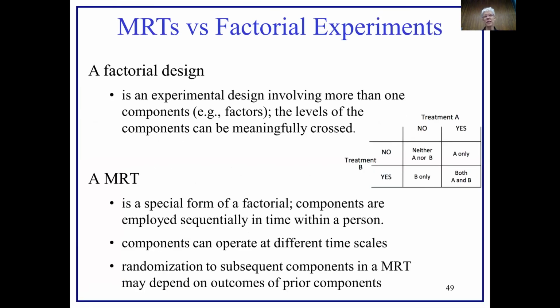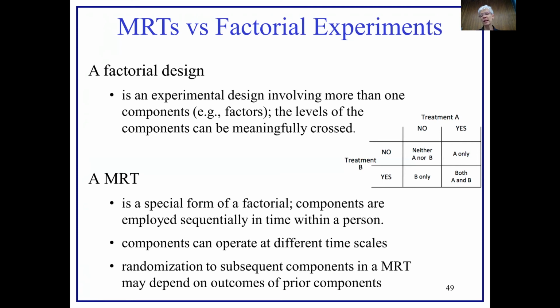There's another type of experiment, factorial experiments. Many of you are likely familiar with factorial experiments. These are designs in which you have one or more components and you can cross the components. So here's a little schematic, treatment A and treatment B. A person can receive any combination of no and yes with treatment A and treatment B. And in fact, an MRT is sort of like that.